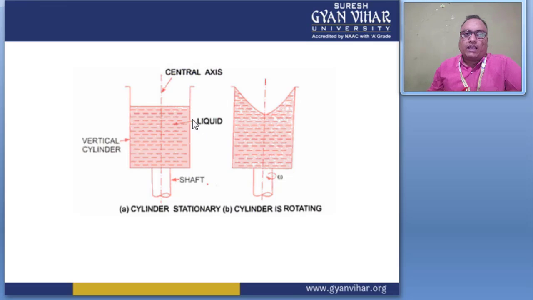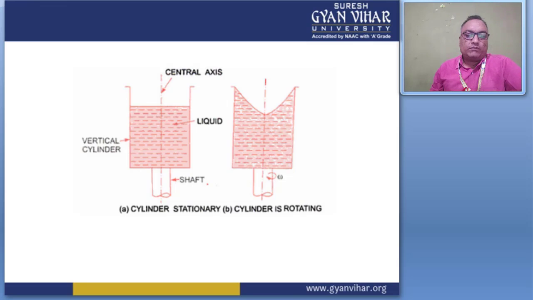Suppose this is the main height, the main surface of the liquid; how much distance it will rise on the upside, it will lose the same on the downside. Both distances are the same, means suppose I take this as x and this as y, so x equal to y for this case, right?